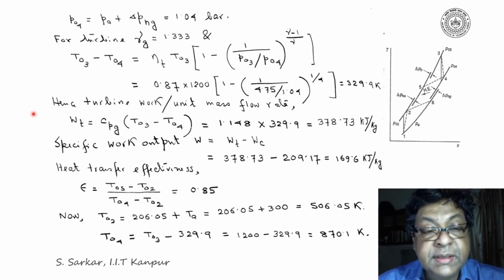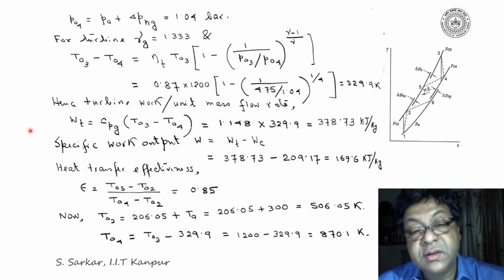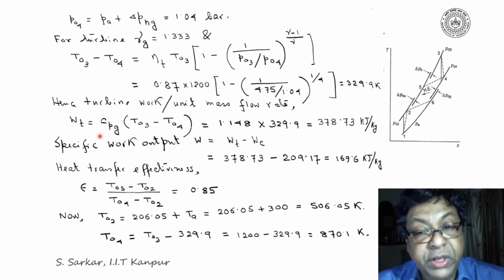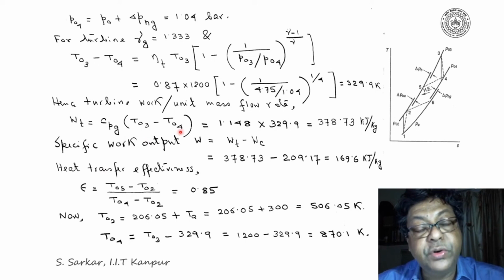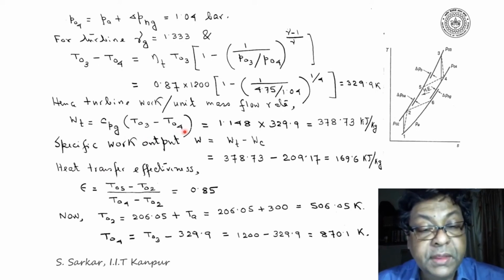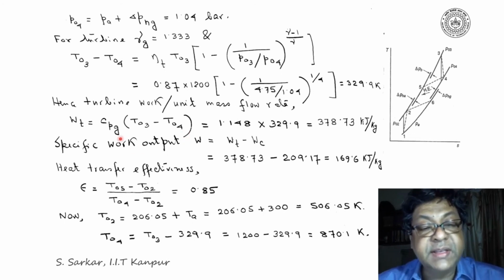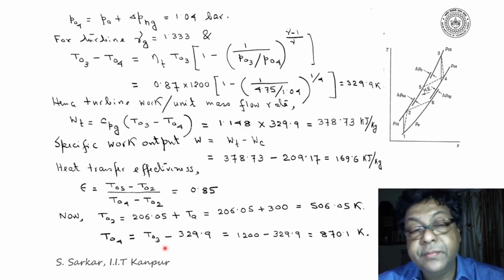Now, I can calculate WT, turbine work per unit mass flow rate, which has been evaluated as WT equal to CPG into T03 minus T04. T03 minus T04 is the actual temperature drop in the turbine, and CPG value is 1.148.